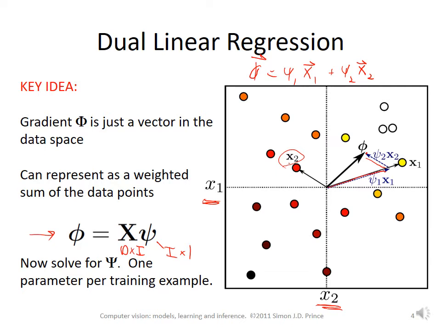So we can imagine some pathological versions of these points that don't span the space. And actually that might happen in reality as well if you have a very high dimensional space because you captured lots of sensor data, but you only collect data that spans a subspace. If you use this dual representation, you'll never have a phi that moves out of the hyperplane spanned by your data points.